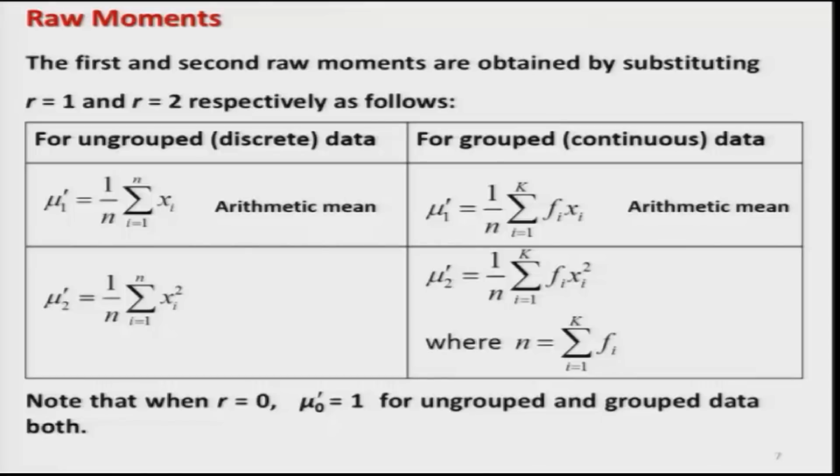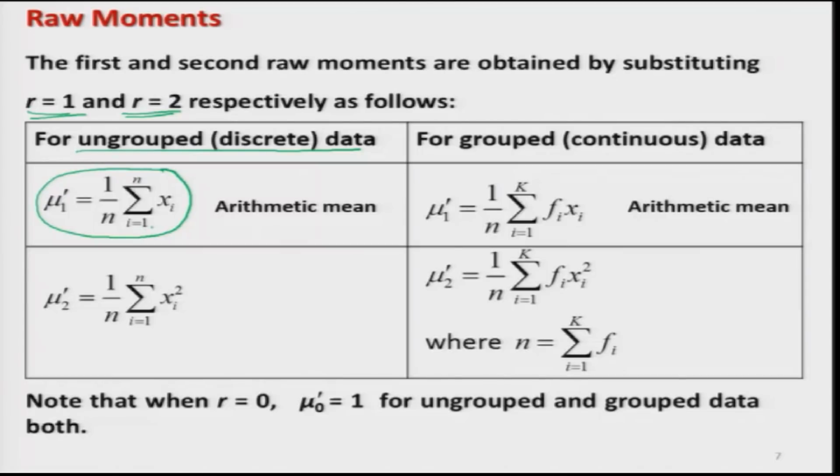Okay. Now we take a particular example of the raw moment, and I choose two values, r equal to 1 and r equal to 2. In the case of ungrouped data, as soon as I say r equal to 1, I get mu 1 prime is equal to 1 upon n summation x i.